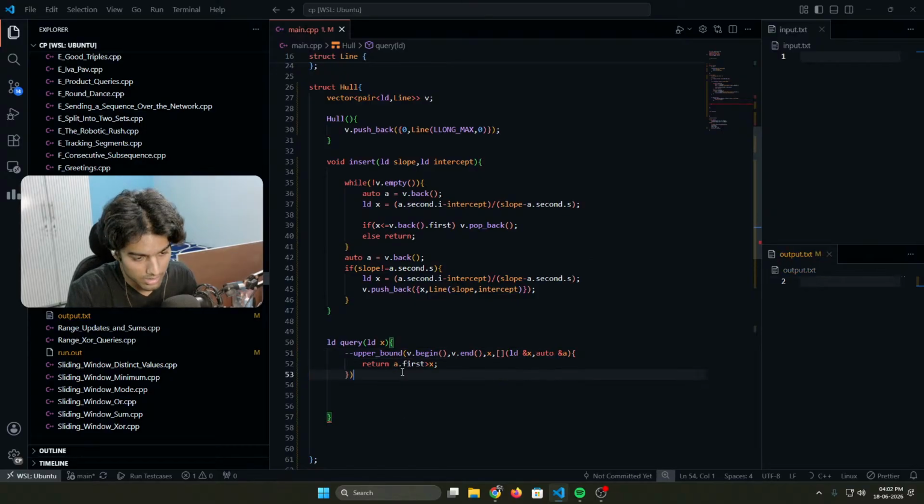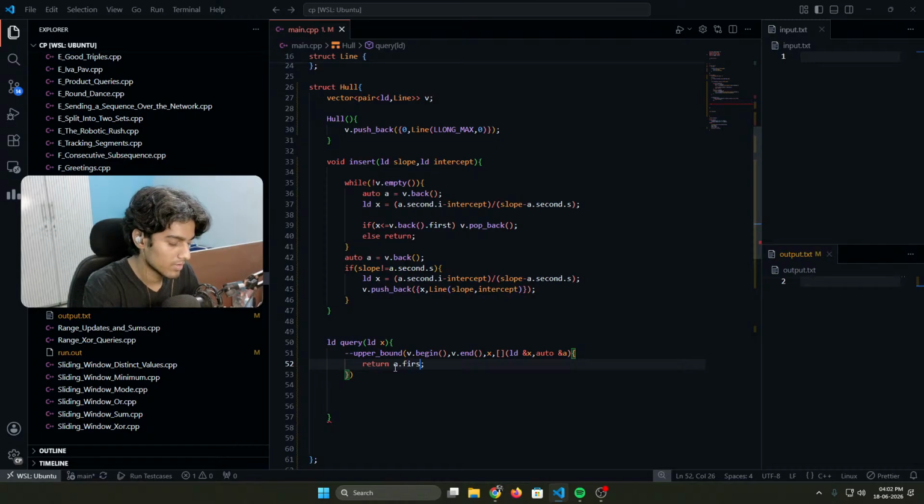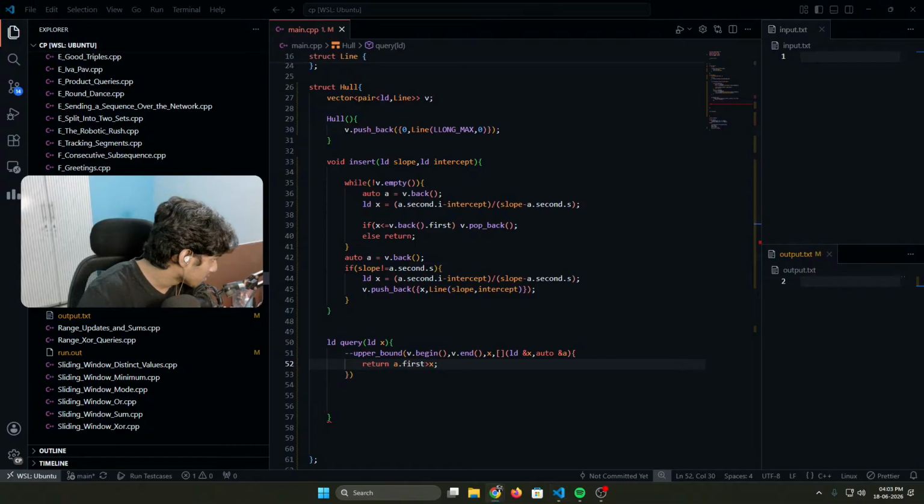So I'm just taking reference. So what do I want? I believe that is correct, right? P dot first greater than X. Wait, what does that mean? What do you mean by this? Let me... wait.